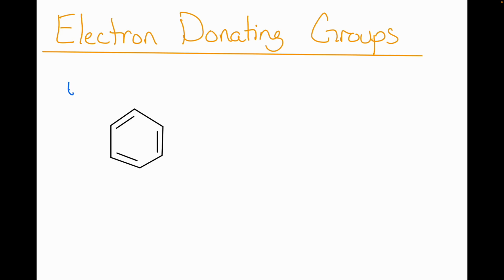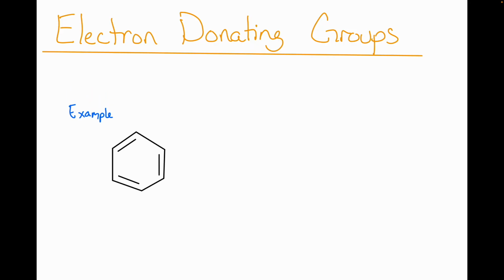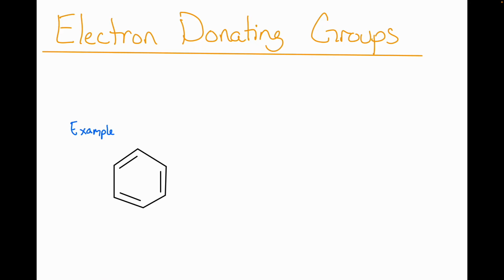All right, so an example of an electron donating group would be a hydroxyl group, adding an OH to our ring. We have a special name for this molecule here. What's this molecule's special name?